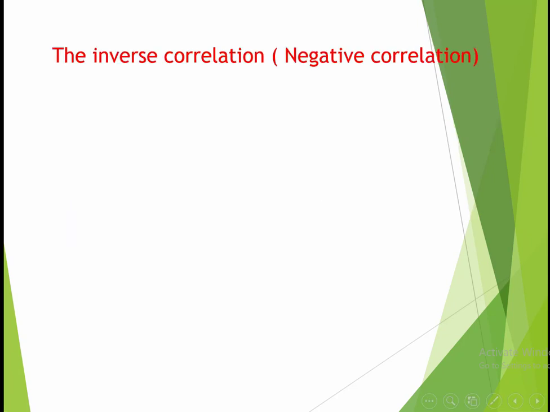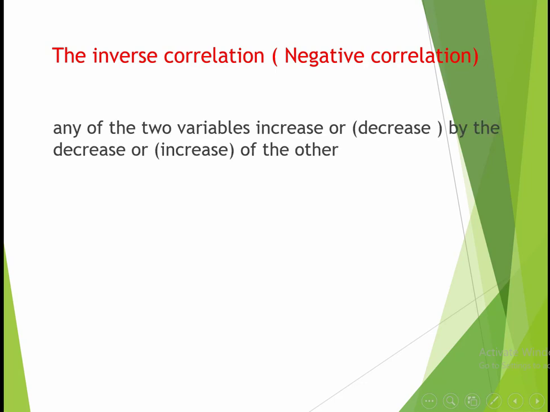On the other side, the inverse correlation. When R has a negative value, it means we have an inverse correlation. Inverse means when one of the two variables increases, the other decreases, or the first decreases and the other increases.